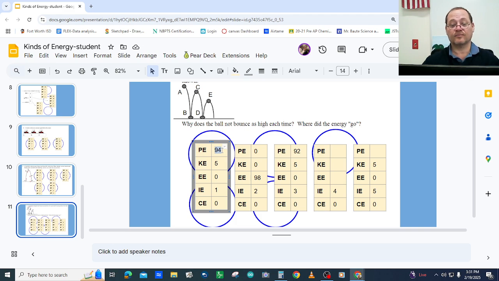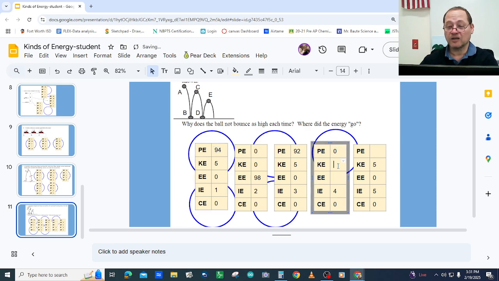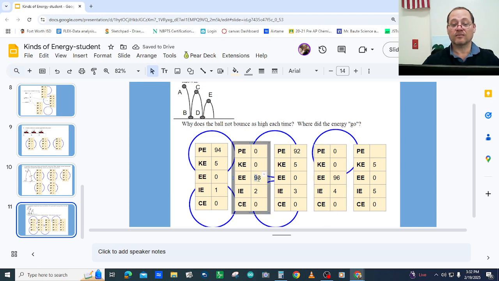At point D, there's a collision, potential and kinetic energy can be considered zero. You have 4% of the energy as internal, 96% must be elastic. Compare 96 to 98, right? It's less.